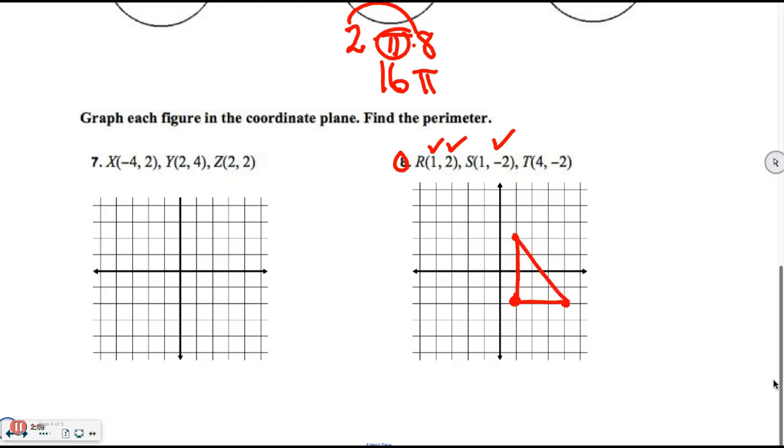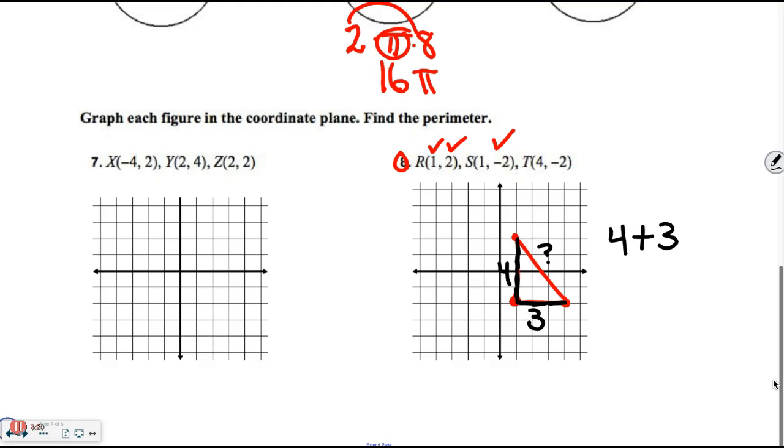Now, the straight walk down is easy. That's 1 block, 2 blocks, 3 blocks, 4 blocks. So I have 4 for that. 1, 2, 3 for that. But this other piece, I don't know. So this was 4, and this was 3.